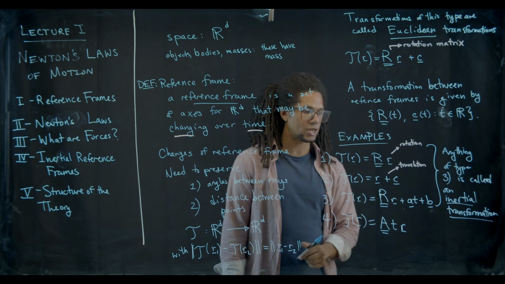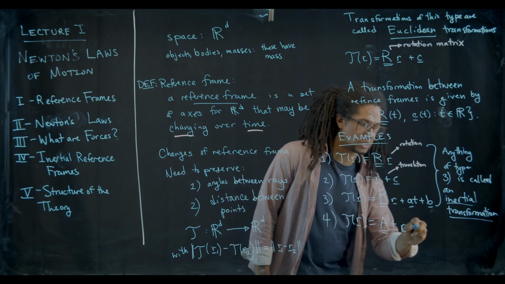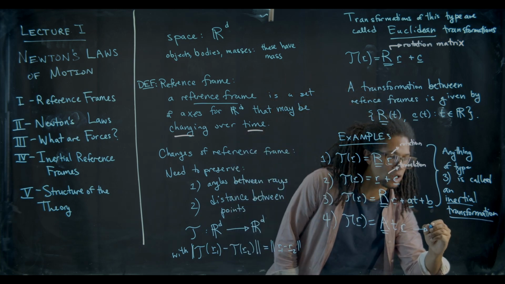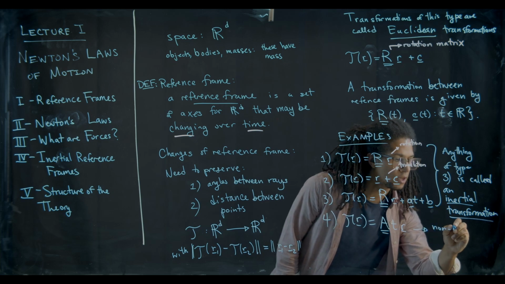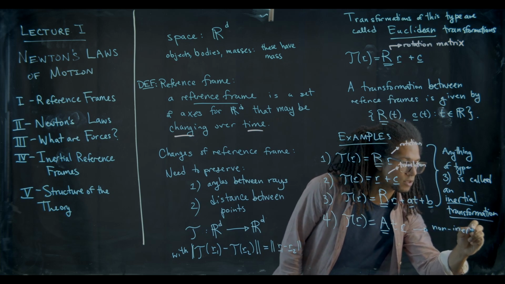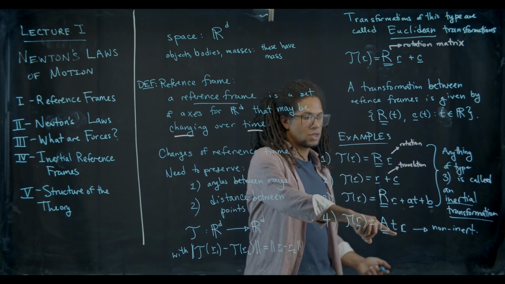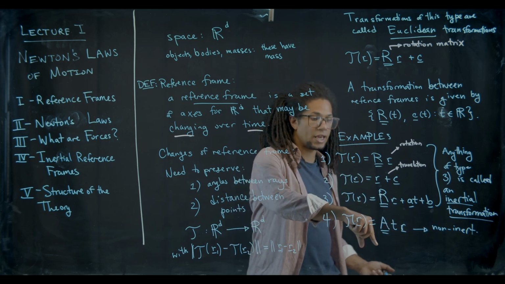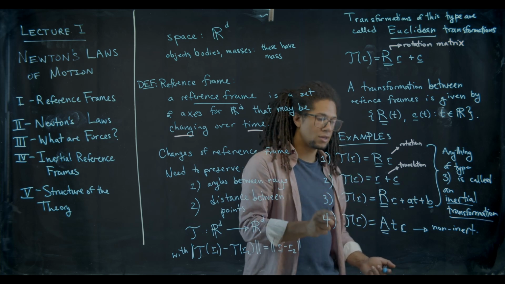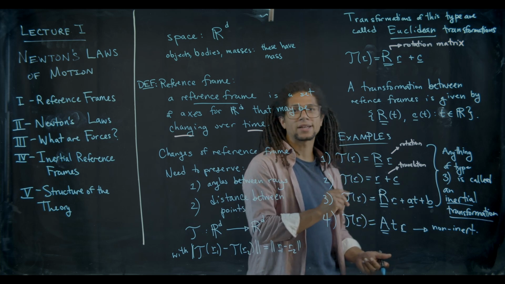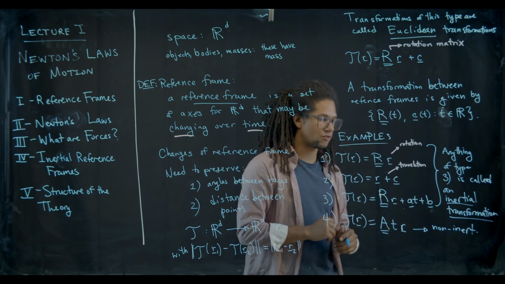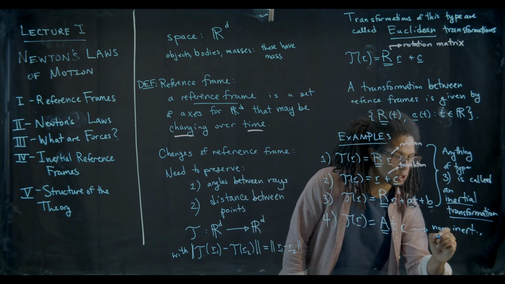R, this matrix, has to be a constant. So this is a non-inertial transformation. And in particular, it represents the axes rotating at a constant rate with respect to the original axes in the old reference frame. So this is like constant rotation.